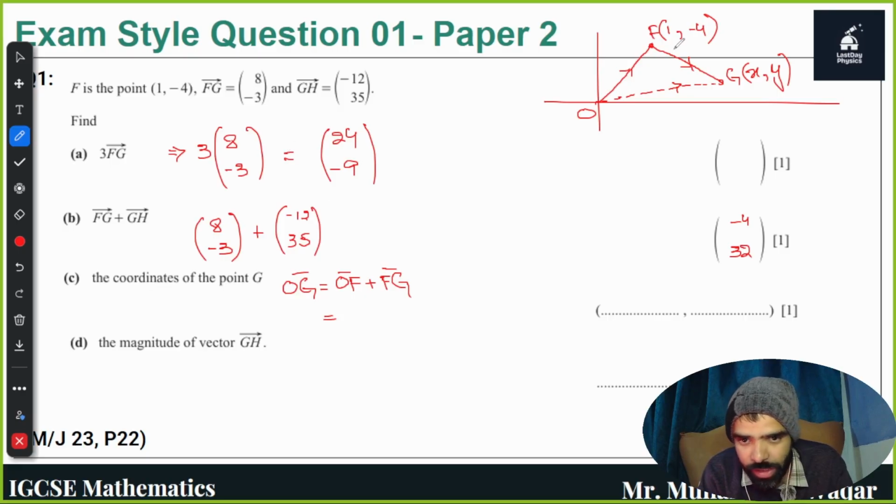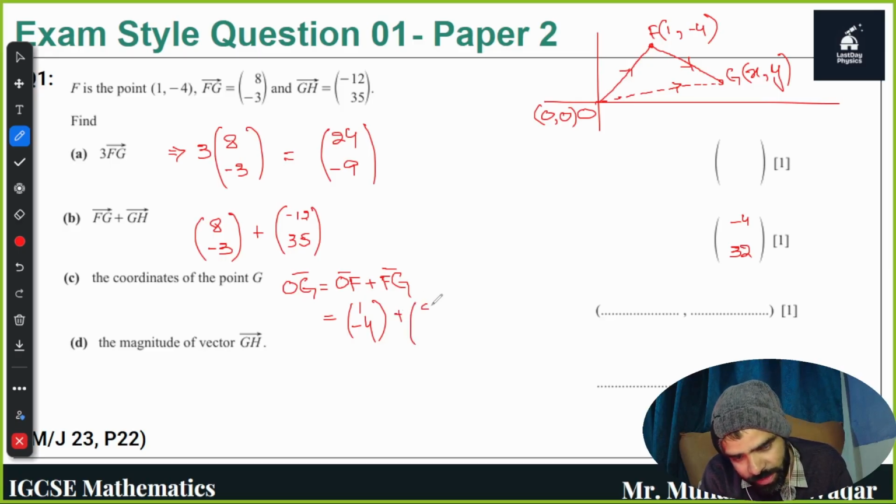We have the OF vector, because the F point is given. From O to F, O is the origin, 0, 0. The O to F vector will be 1 and minus 4, plus the FG vector, which is also given, 8 and minus 3.